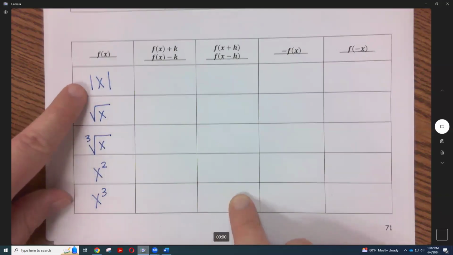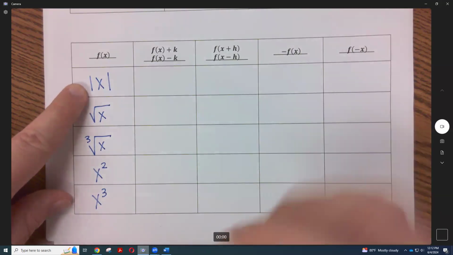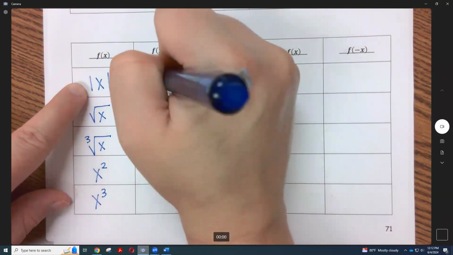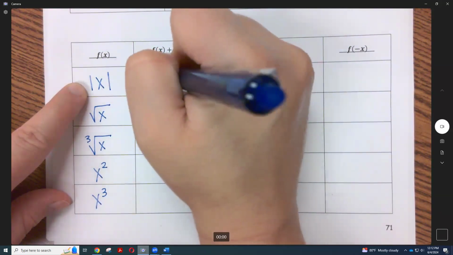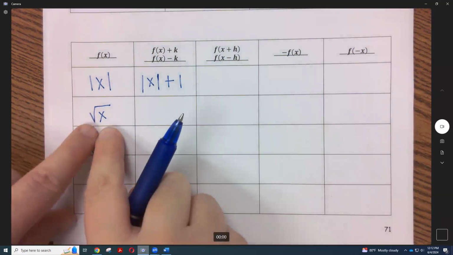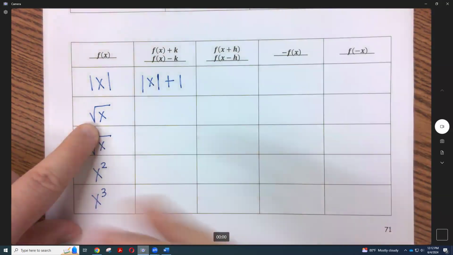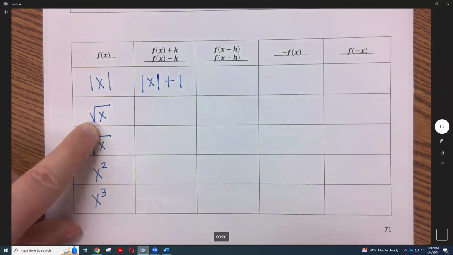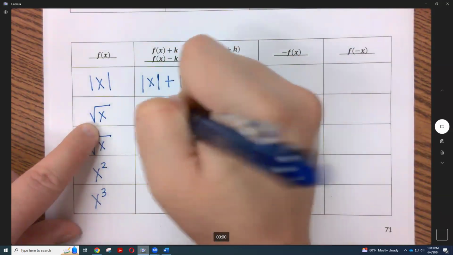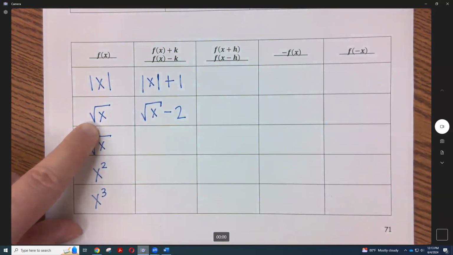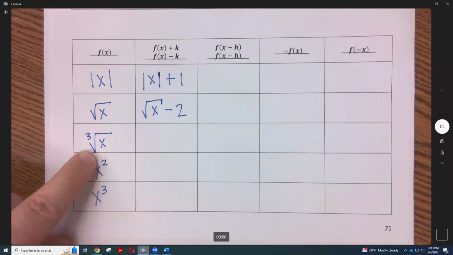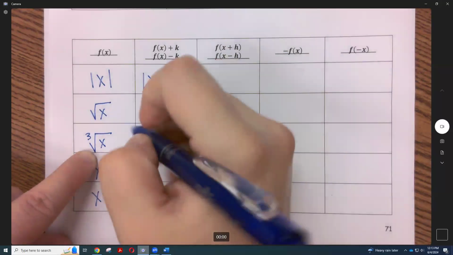So if I have an absolute value, something outside would be the absolute value of x plus 1. If I have a square root function, that would be outside of that radical. So the square root of x minus 2. Same thing if you have a cubic root, any kind of radical, it happens outside of that radical.